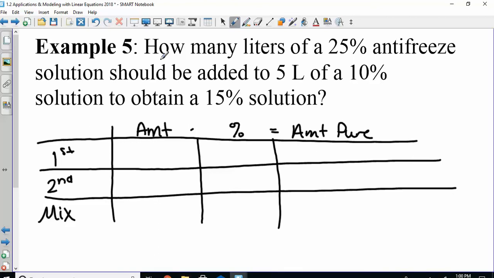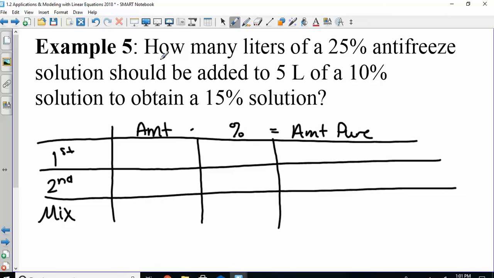Okay, if I'm mixing two things, why? Because if you're mixing the 25 and 10, it's only going to make something between 10 and 25. Exactly. You have to mix your highest and lowest concentrations, and you'll always get something in between them. So if I gave you any 3 percentages, you could tell me which one had to be the final mixture.